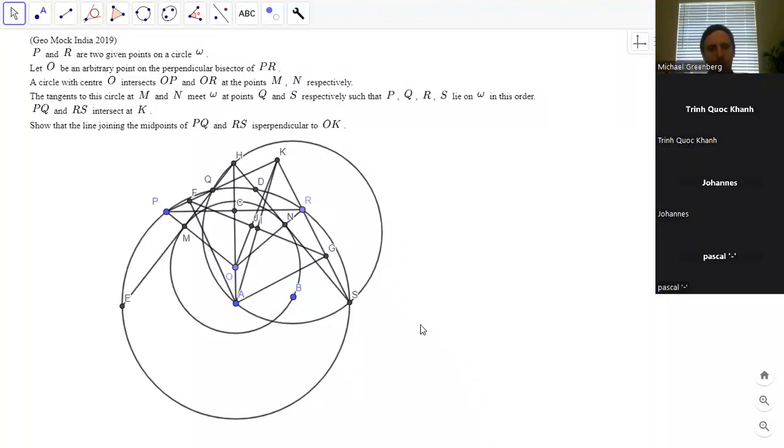Maybe projective geometry. Maybe we could show the cross ratio, like FJIG is GIJF or something like that. So if we project those points through K, what would we project it onto?